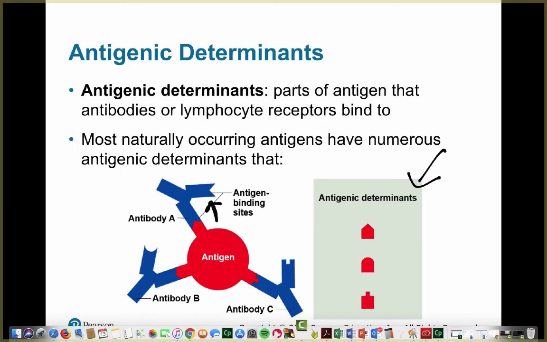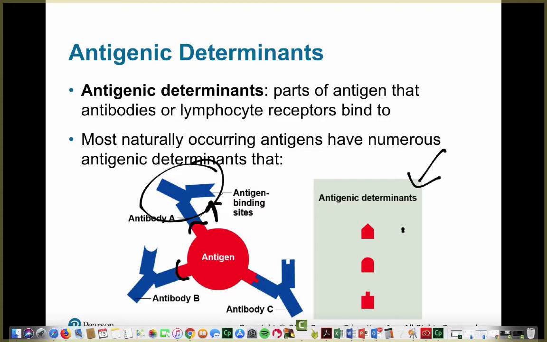From the antibodies. So here is the antibody, and this is the antigen, so it recognizes this, right? And these are basically the antigenic determinants. So these are parts of antigens that antibodies or lymphocyte receptors bind to.